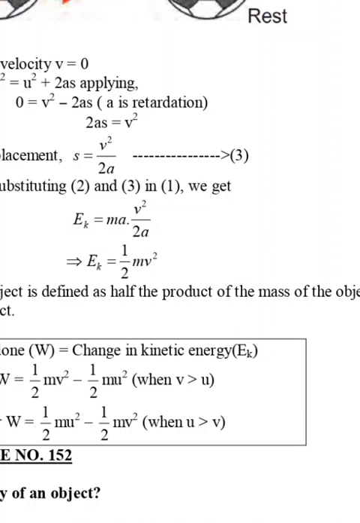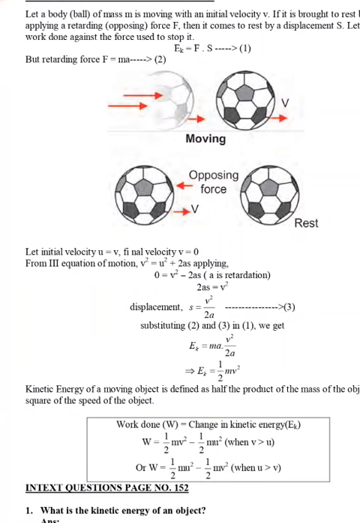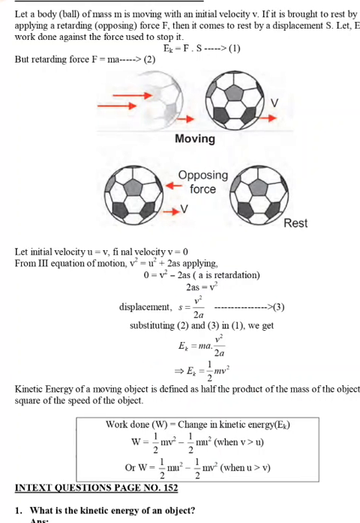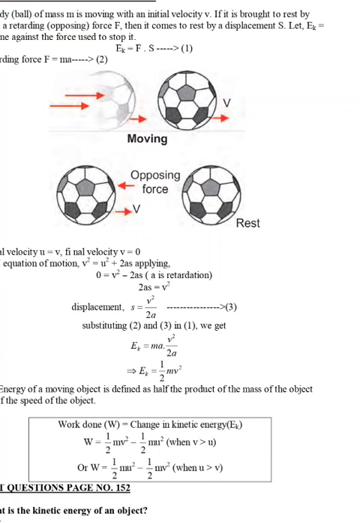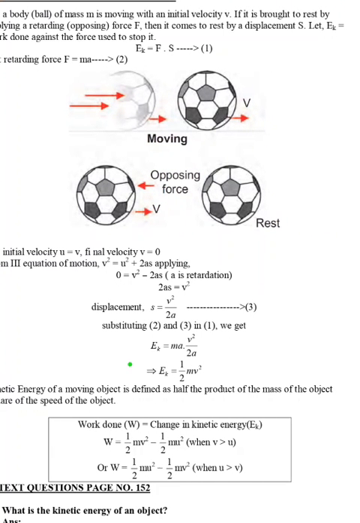So a will cancel with a, we will get Ek is equal to half mv square. So this is the formula for kinetic energy. Ek is equal to half mv square. Remember one more thing, that kinetic energy of a moving object is defined as half the product of mass of the object and square of the speed of the object, means the same thing in the written form.